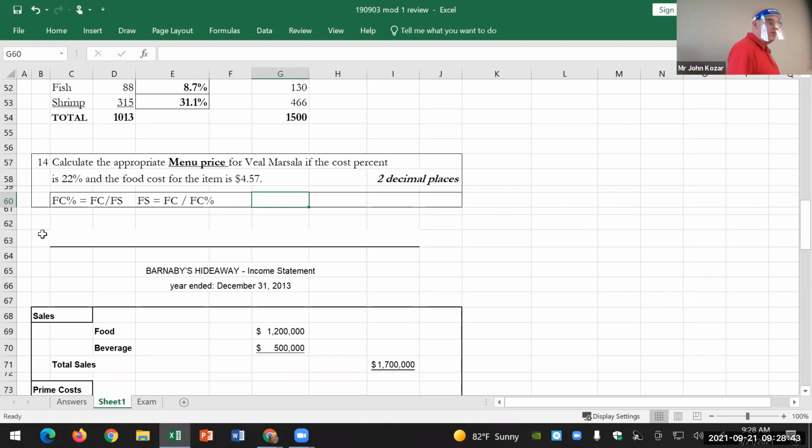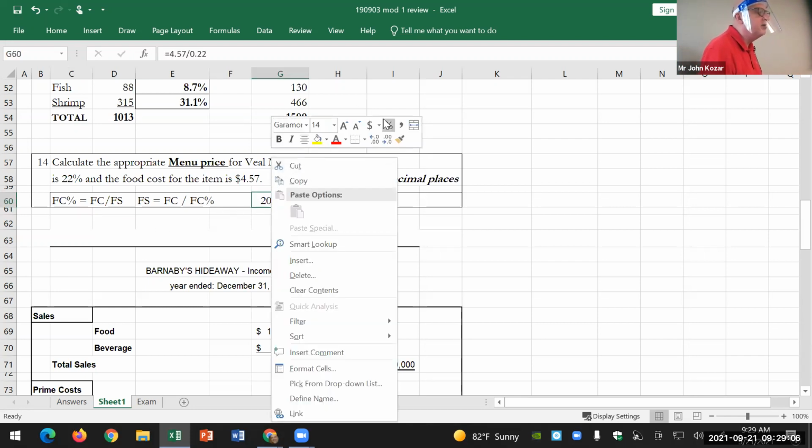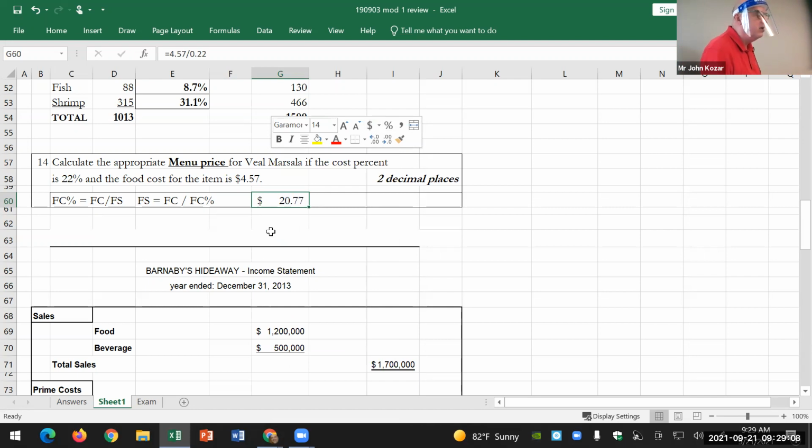So then I'm going to get my total food sales by dividing the food cost of 4.57 by 22%. I've been looking for $20.77.